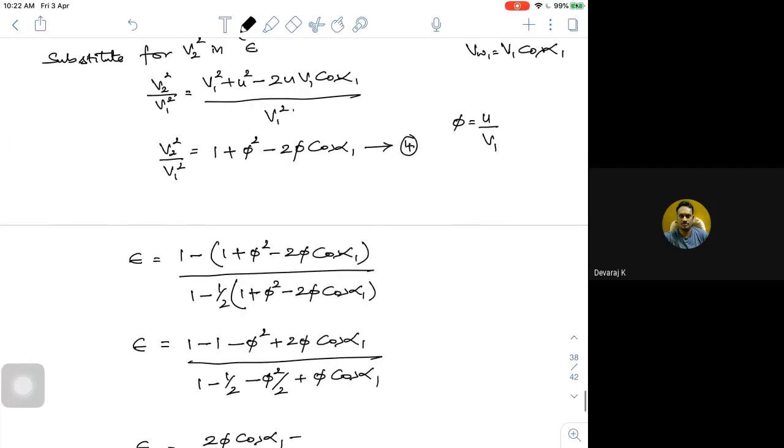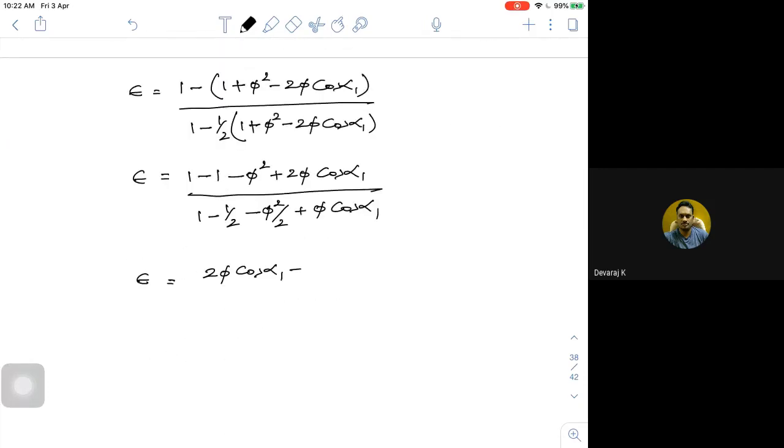Phi cos alpha 1 into phi square divided by, if I take 2 as the LCM, so what will happen? 2 I can take to the numerator. So this will become 1 plus 2 into phi cos alpha 1 minus phi square.